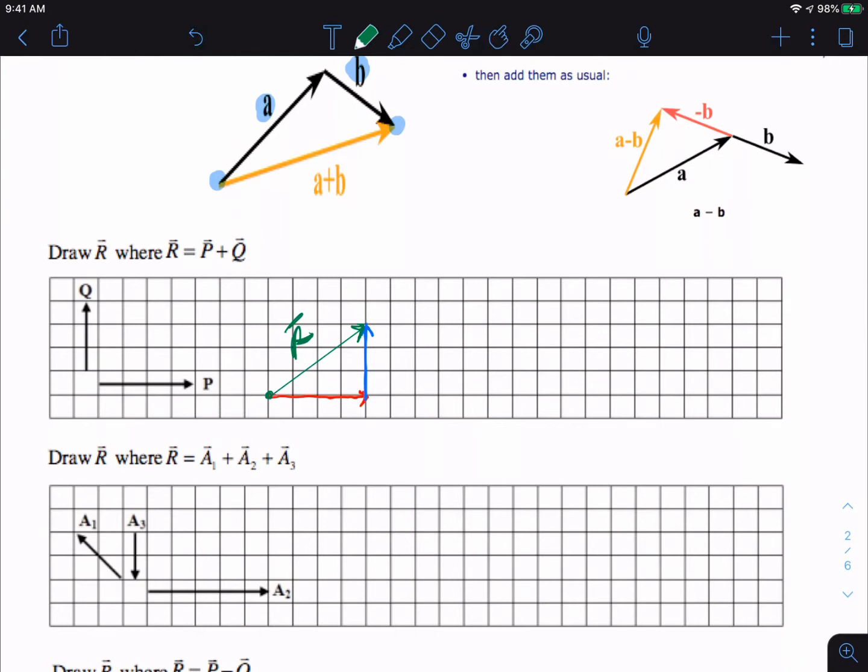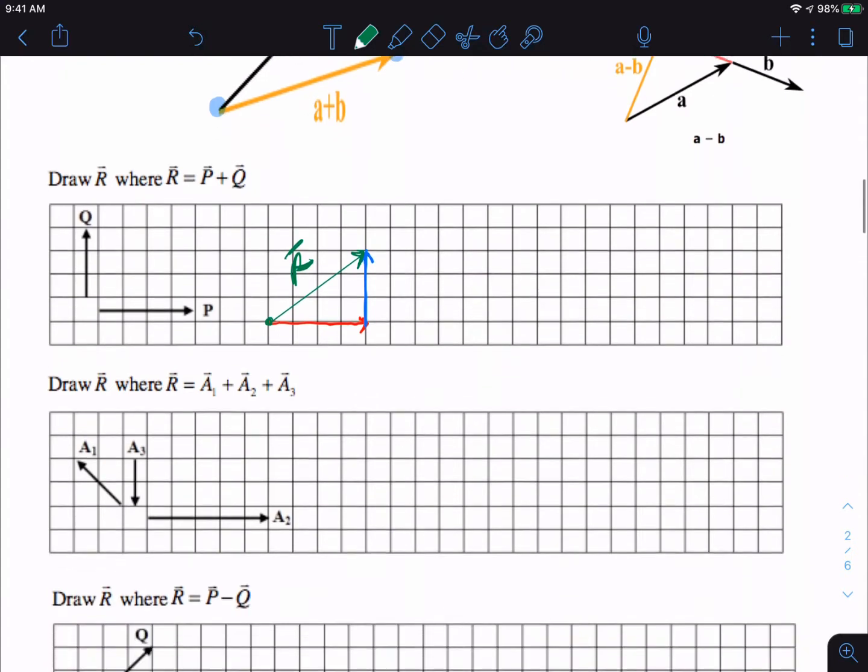That is vector P plus vector Q. We're good? Okay, let's do the next one.